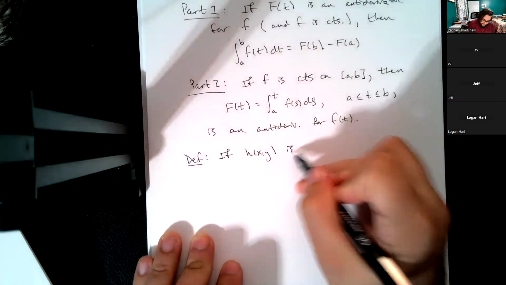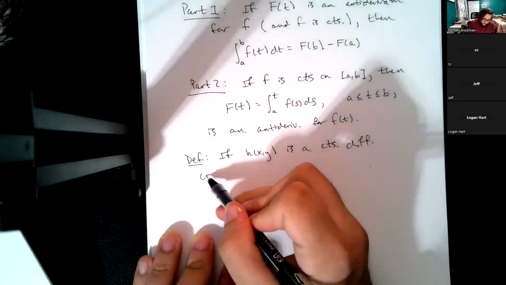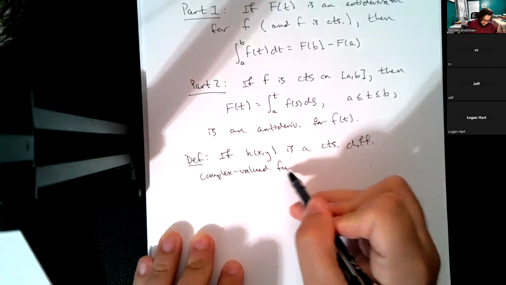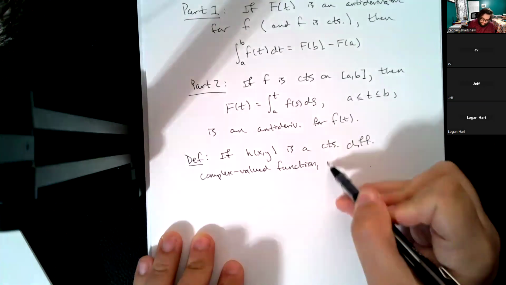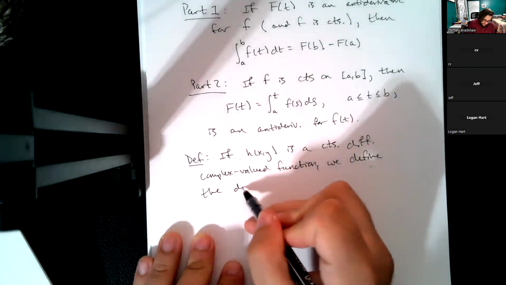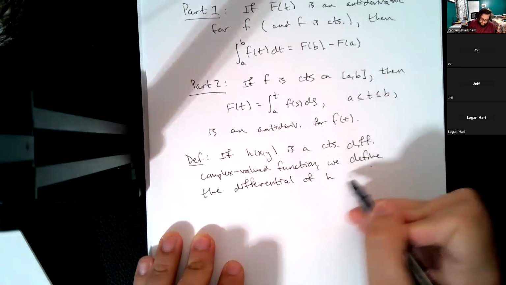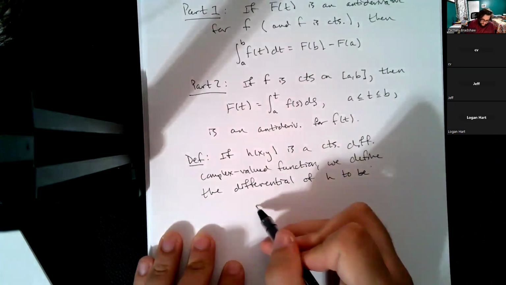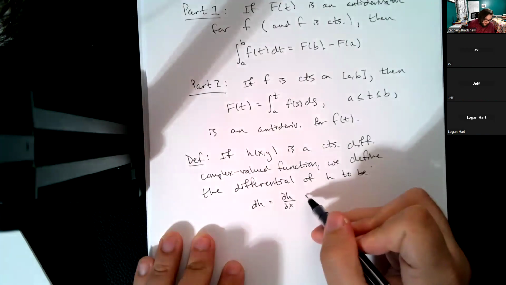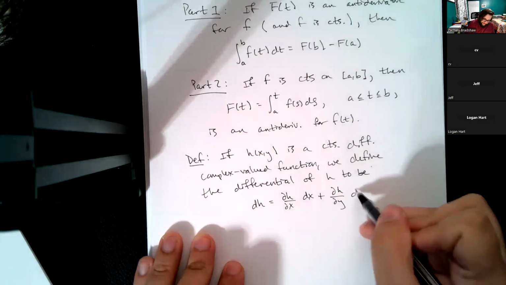If h is a continuously differentiable complex valued function, we define the differential of h to be dh equals the partial derivative of h with respect to x dx plus the partial derivative of h with respect to y dy.